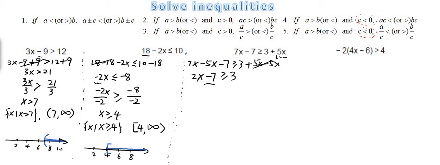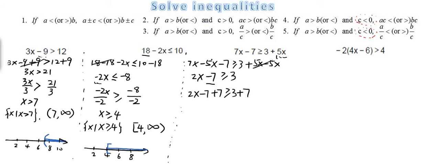Now we want to remove the constant on the left hand side. It shall be 2x minus 7 plus 7 greater than or equal to 3 plus 7. Okay, I want to emphasize here again, if we do the addition or subtraction, the sign of inequality will not change.